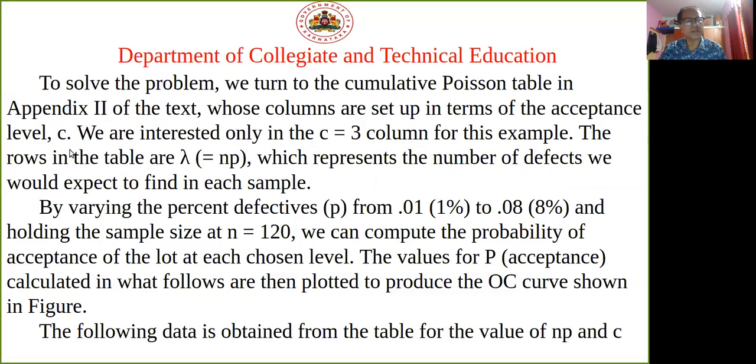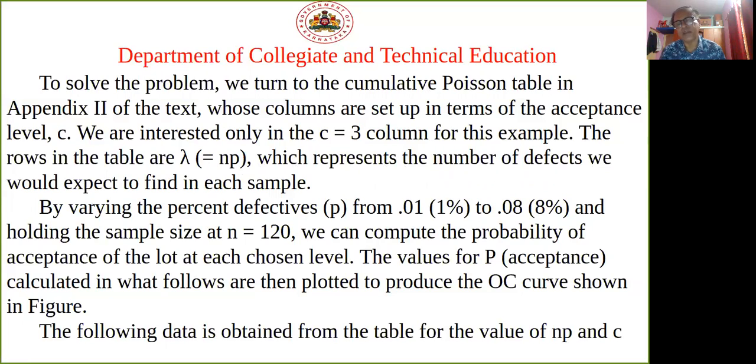The rows in the table are n times p. With c, we have to search for the values of the probability of acceptance, with the NP value representing the number of defects we would expect to find in the sample. By varying the percentage defective p from 0.01 to 0.08, that is 1% to 8%, we have to take the values.